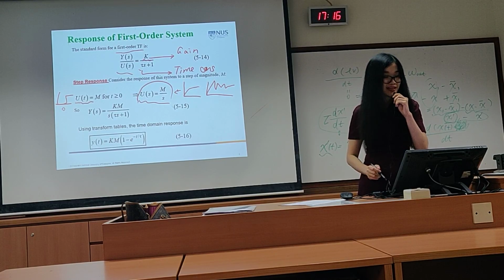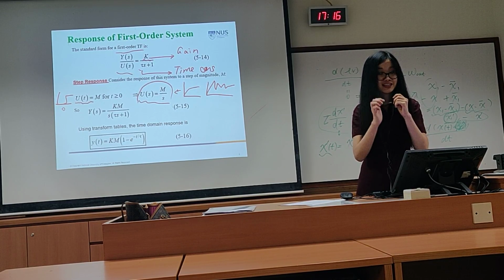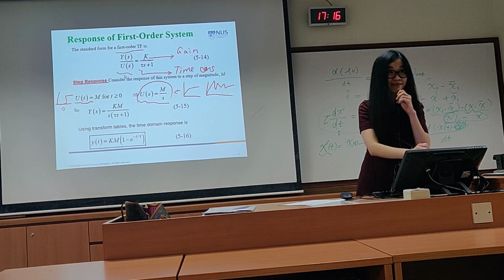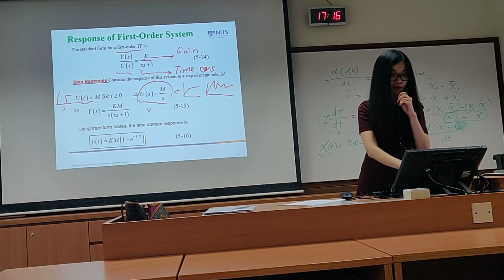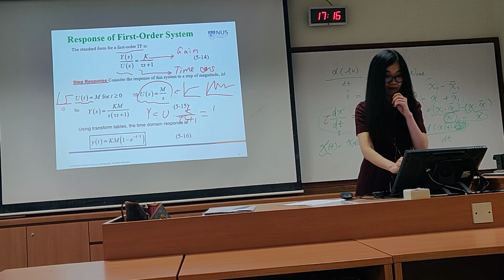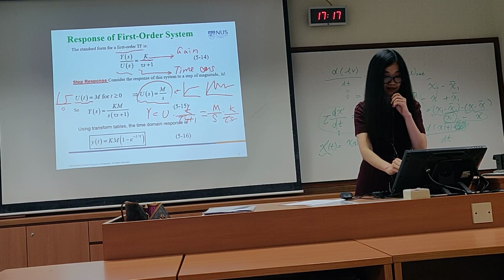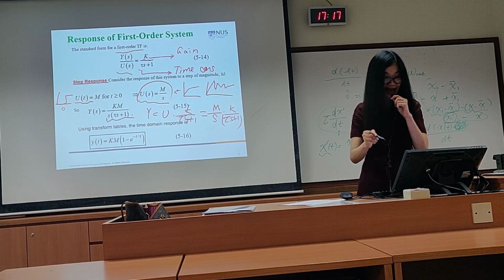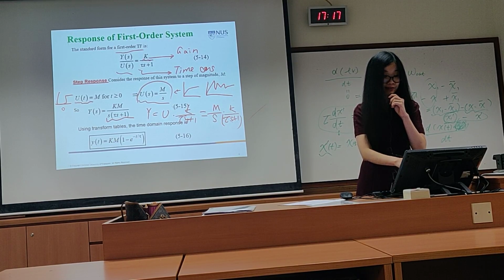And if we want to evaluate what is Y(s) based on the transfer function, we can take Y multiplied by U(s) on both sides. So we get Y equals U multiplied by K over tau s plus 1. Because we know our input is a step function M over s, we can directly multiply these terms together. That's how we get Y(s) equals KM over tau s plus 1 multiplied by 1 over s.